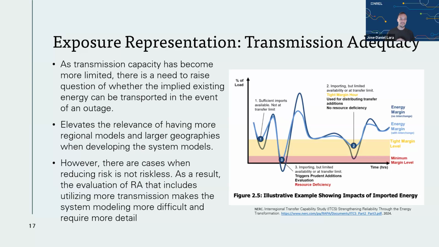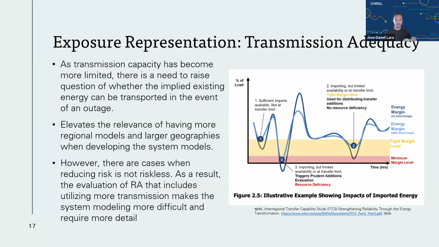Can it create another set of risks on the transmission system if we're relying on long periods of time where transactions over the AC network are part of our resource adequacy strategy? So again, this is like the classical saying that there is no riskless way to reduce risk. You can reduce risk, in many cases, through analysis of transmission systems, accounting for them within your resource adequacy. You can include more resource adequacy assets from different regions, but you have to take into account how that can elevate or change the makeup of the risk for your transmission system.